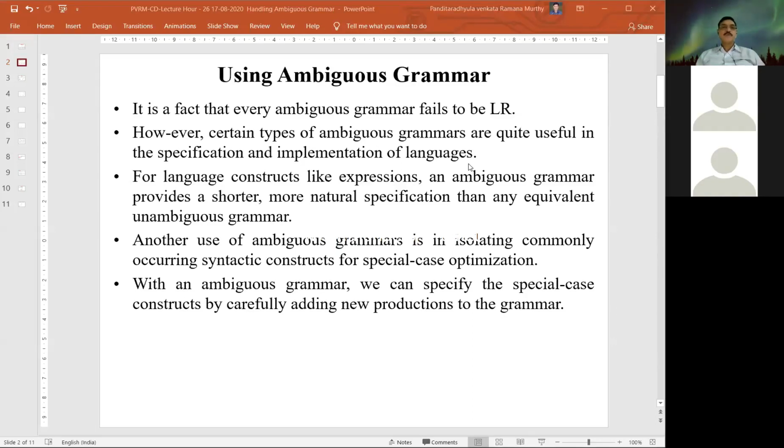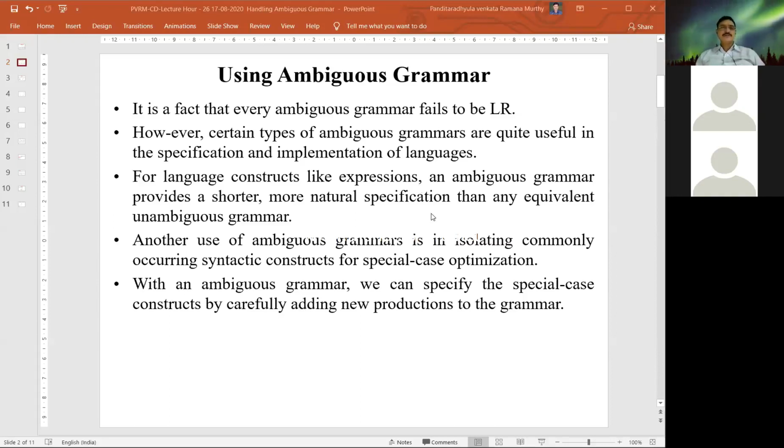Be careful: even though every ambiguous grammar fails to be LR, ambiguous grammars are quite useful for us in specification and implementation of some languages. For example, for language constructs like expressions, the ambiguous grammar provides a shorter and more natural specification.